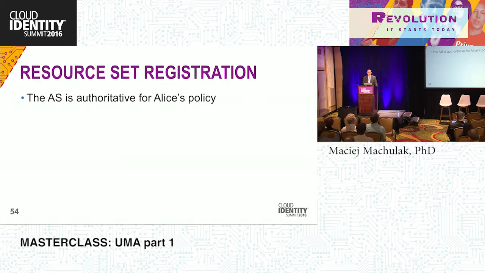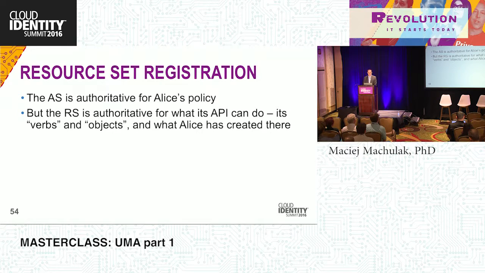It's really important to note that UMA does not care about the types of resources that are being protected. Anything that can be addressed with a URI can be protected, which means that the resource server is authoritative in making sure that the verbs and the object types are as they are.